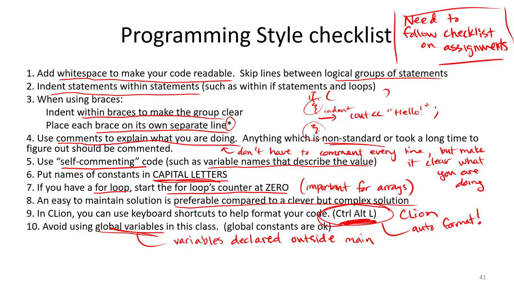For now, you do not want to declare variables outside main. For our purposes, you should always declare your variables inside the main function or inside another function. So definitely review this checklist before you submit assignments and programs, and it will help you develop better programming practices.